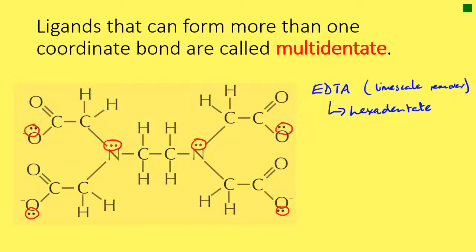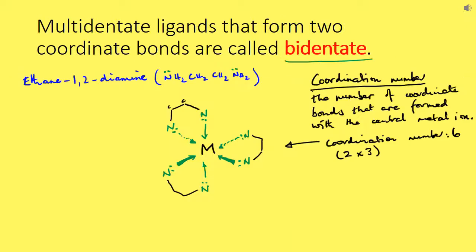And that would be a bidentate ligand. Yeah, so a bidentate ligand, as you might guess, is a ligand that can form 2 coordinate bonds. An example would be ethane 1,2-diamine. So let's have a look at ethane 1,2-diamine. So first of all, let's write it out. Ethane 1,2-diamine.